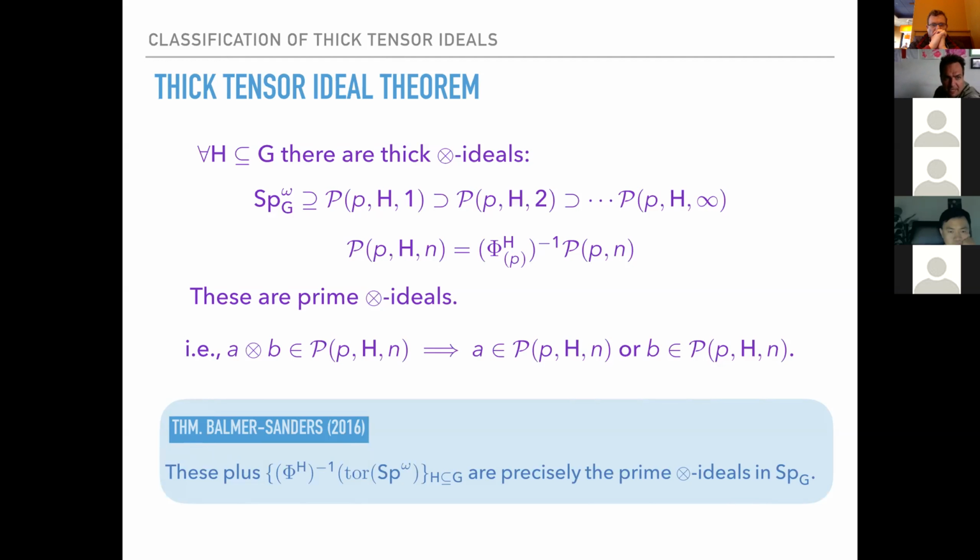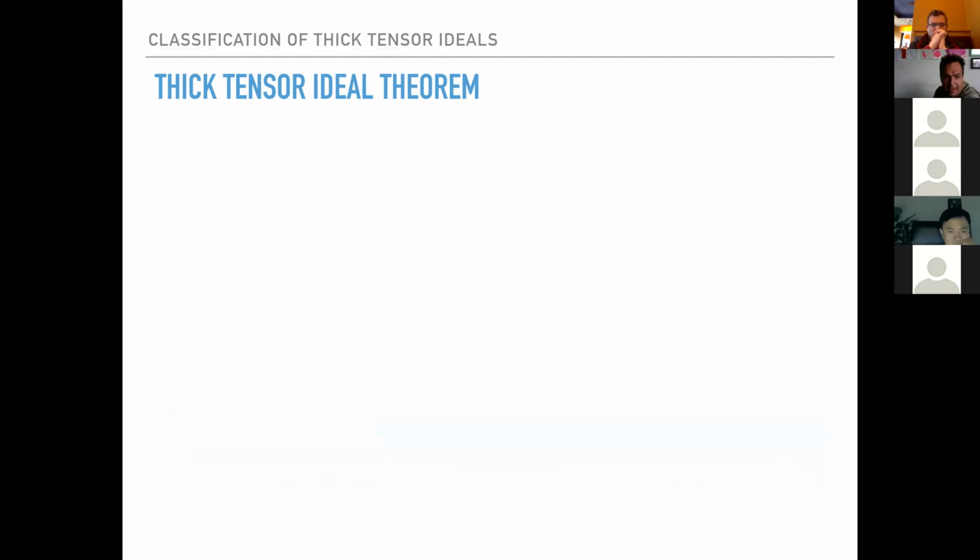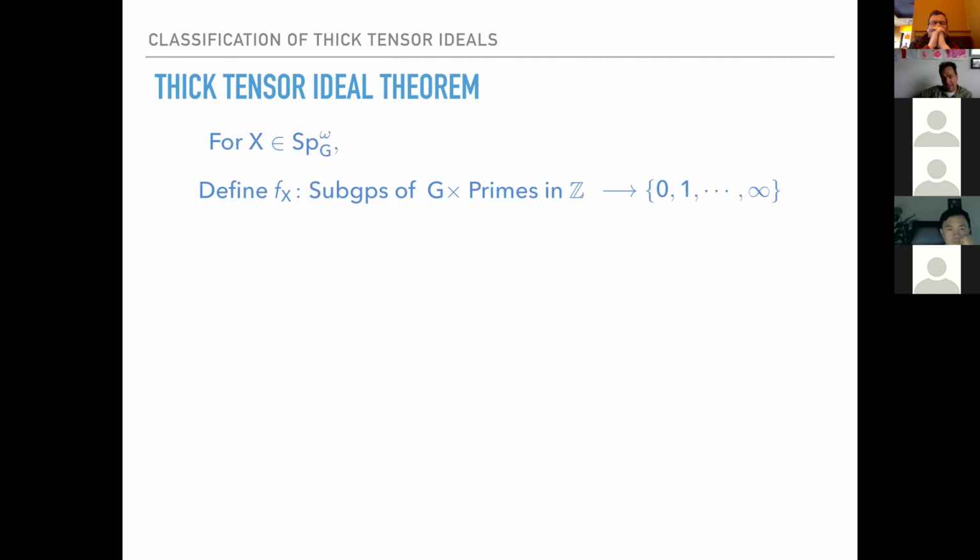What does this have to say about the classification of actual thick tensor ideals? Well, given a finite G-spectrum X, I can define a function, f_X. This goes from subgroups of G, really subgroups of G up to conjugacy, and a prime number, and gives me a number 0, 1, all the way up to and including infinity.